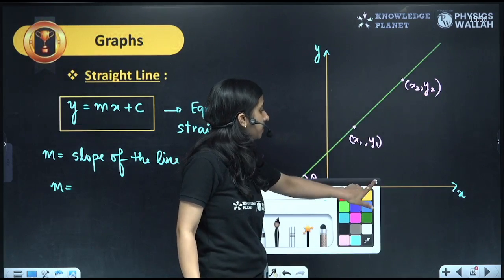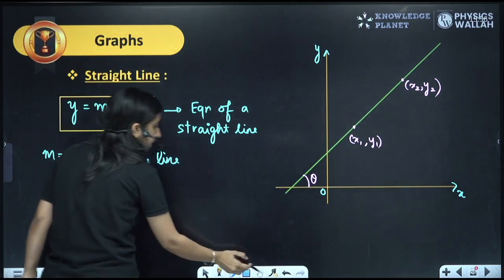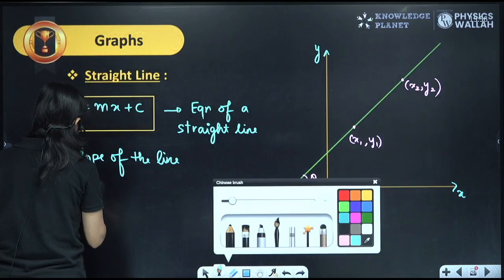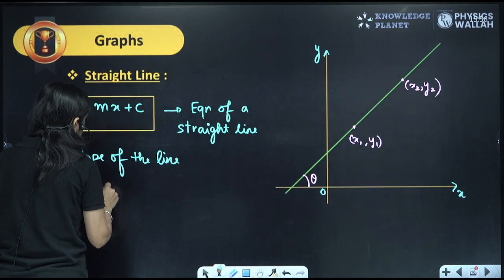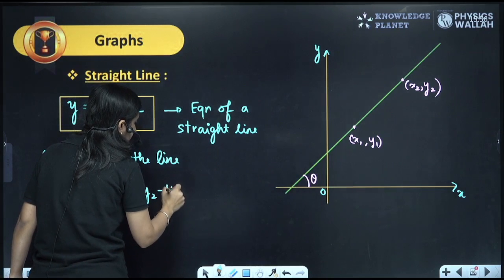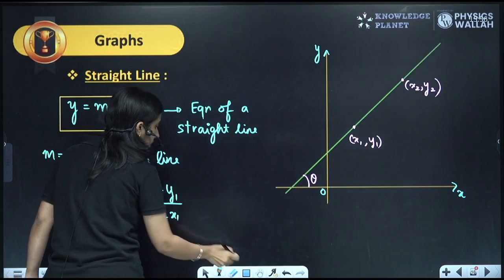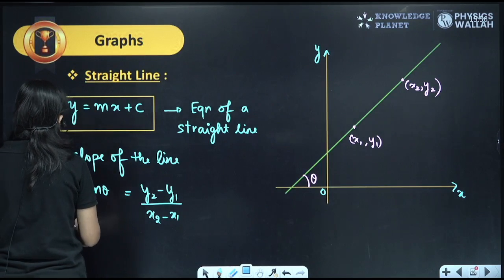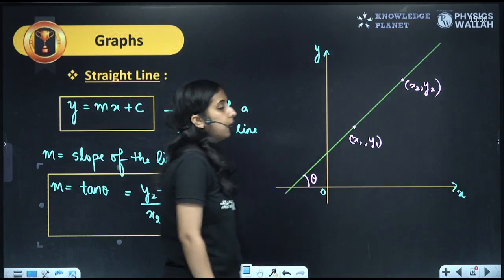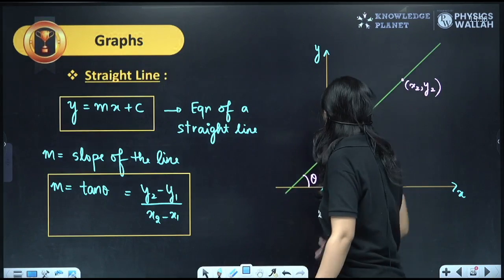Then slope is equal to tan theta, which is also equal to y2 minus y1 divided by x2 minus x1. So this is the formula of slope for a straight line: tan theta or y2 minus y1 by x2 minus x1.